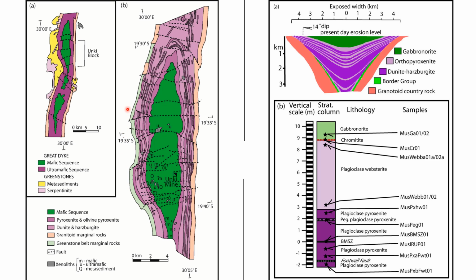So looking at this more simplified map here, we can see the greenstone belt sequences in the contact of the subchamber. These green belts are sequences of metamorphic mafic to ultramafic rocks that make up an ancient volcanic sequence.